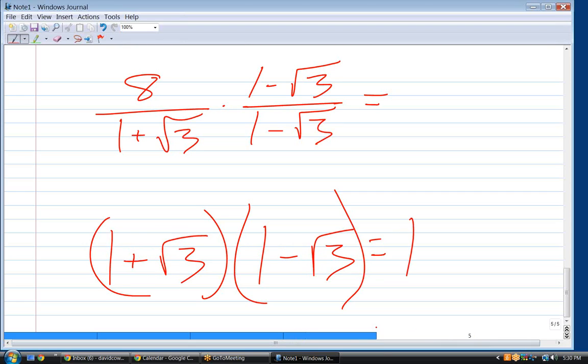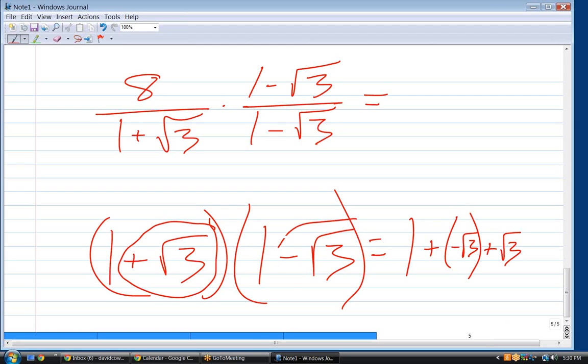That's 1. And then 1 times this negative root 3, that's a negative root 3. And then this 1 times this positive root 3, which is a positive root 3. And then finally this plus root 3 times this minus root 3, which is minus 3. Well, these two cancel each other, and you end up with 1 minus 3 or minus 2.